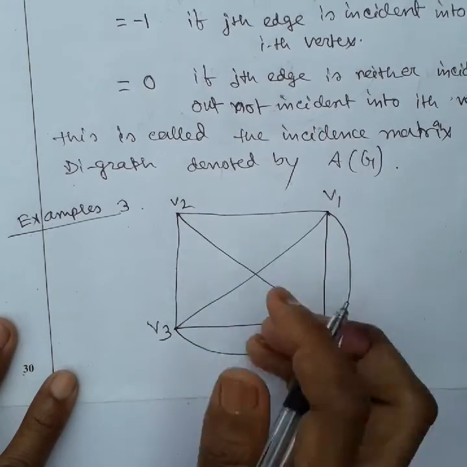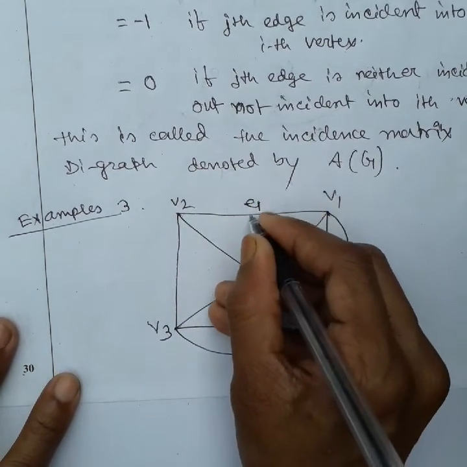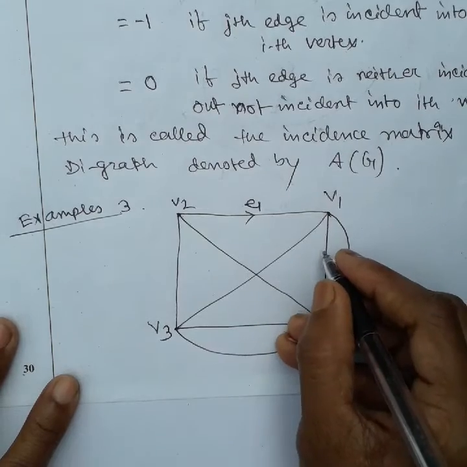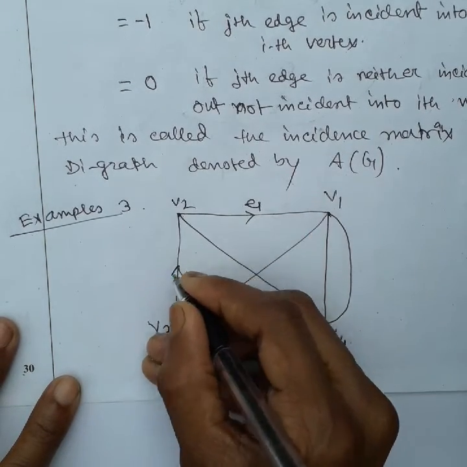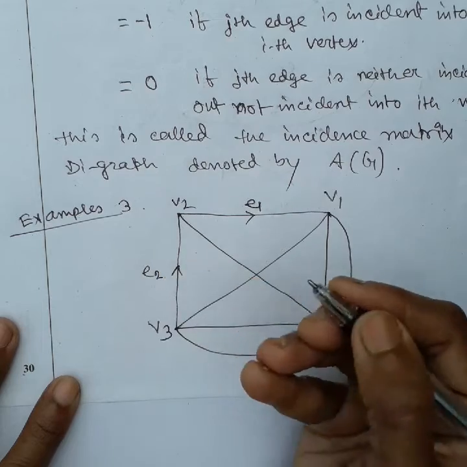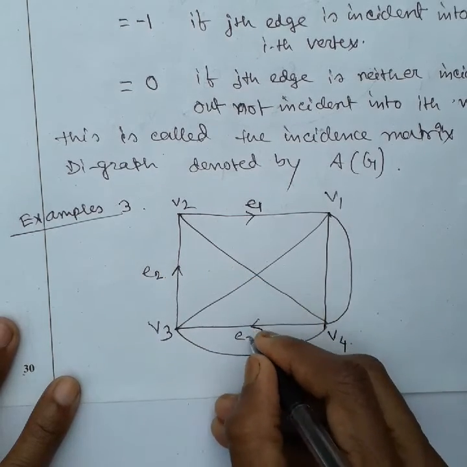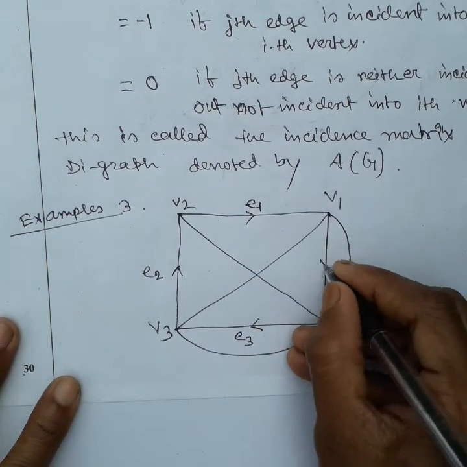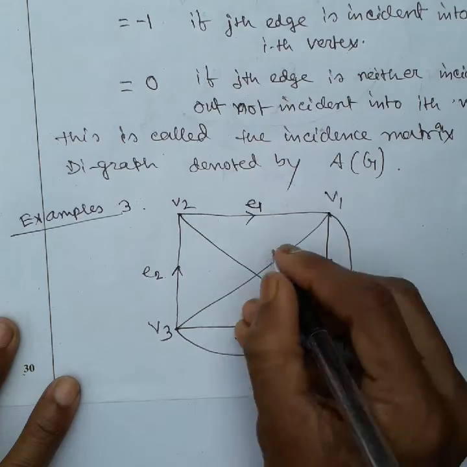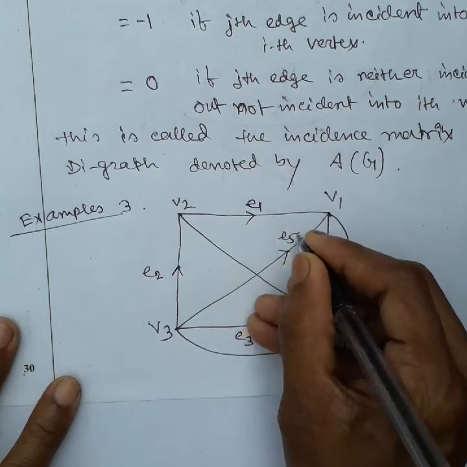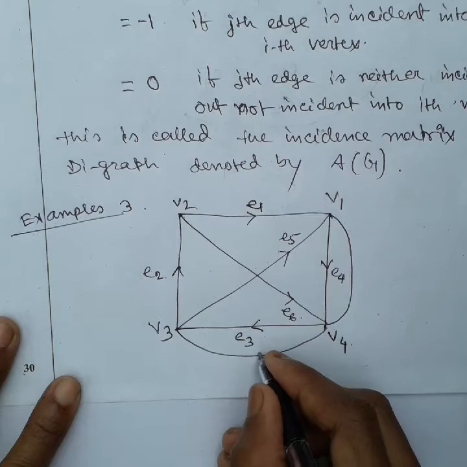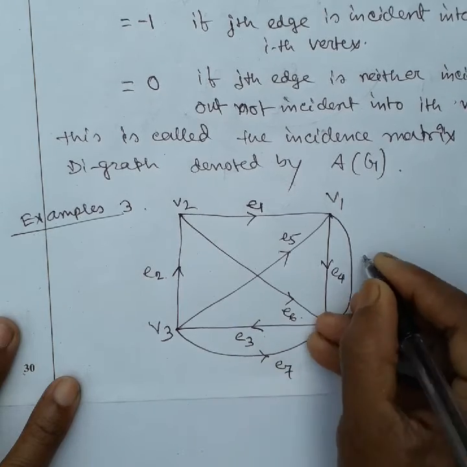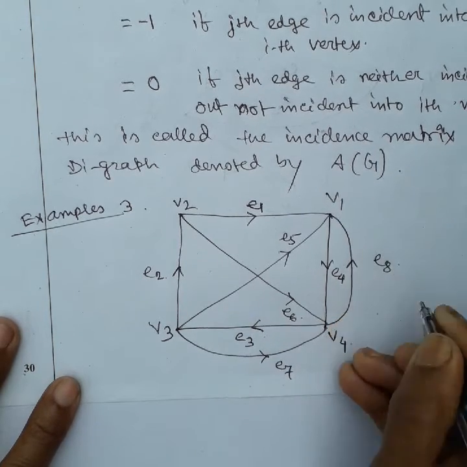Four vertices there. Okay, this is E1, this is E2, say it is E3, and it is E4, this is E5, this is E6, this is E7, and this is E8.